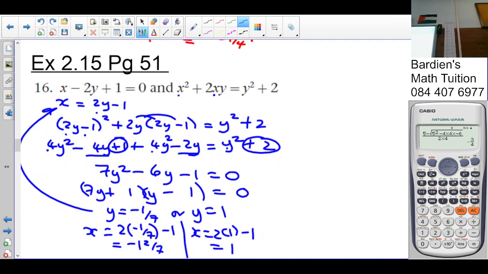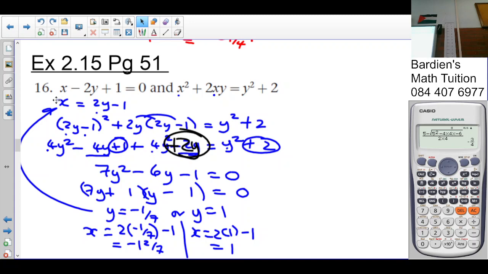So what was the problem? Who asked this question? Where did you go wrong here? Positive 2y and negative 2y. Positive 2y. Where? The third blue line. So you got positive 2y. Okay. Anybody else made a mistake on this one?